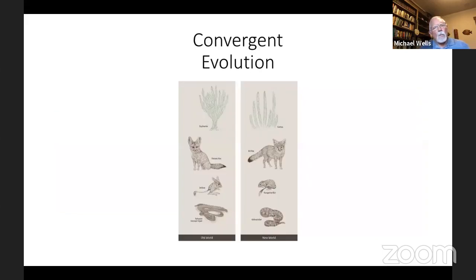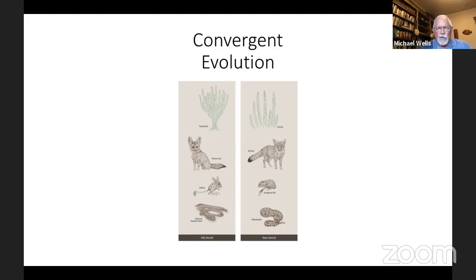And also, we tend to see convergent evolution in deserts that are in different parts of the world, in that the plants and animals that have evolved in desert conditions oftentimes are very similar, even though they may not be directly genetically related. As an example, for those of you that have been in the Southwest and seen organ pipe cactuses, there are no cactuses in the Old World.